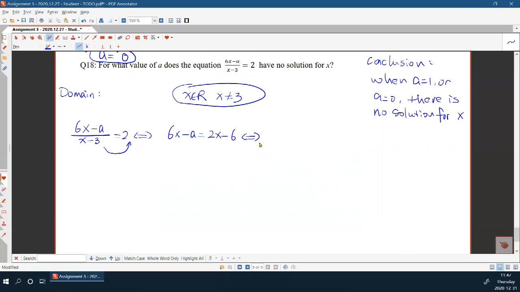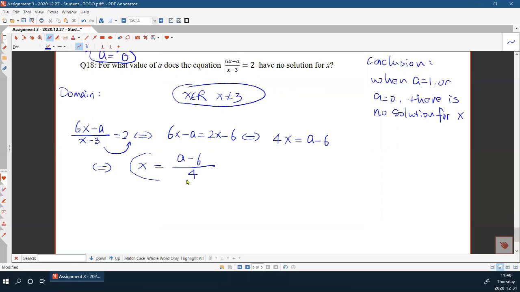And because we want to solve x, we can put x together. This one is 4x equals a minus 6, right? And then x can be solved as (a minus 6) divided by 4, right?